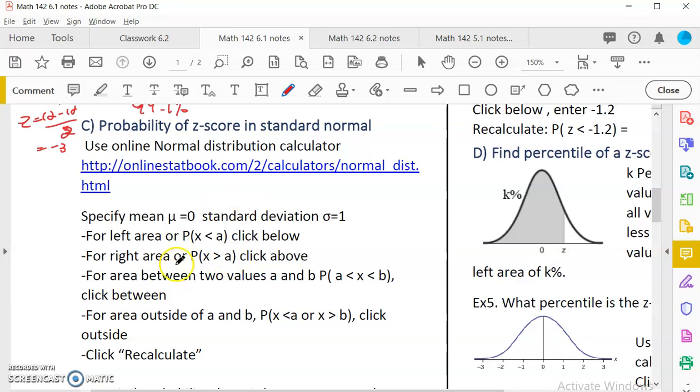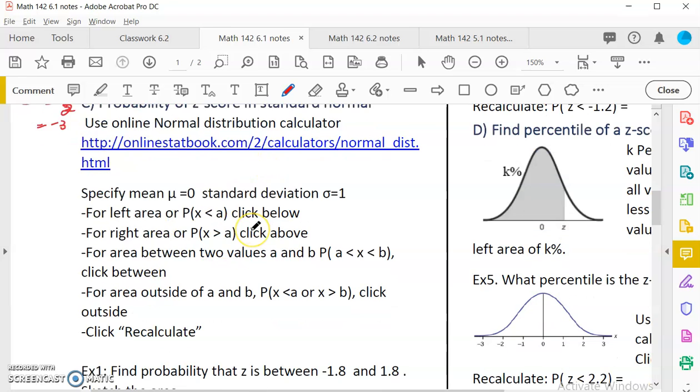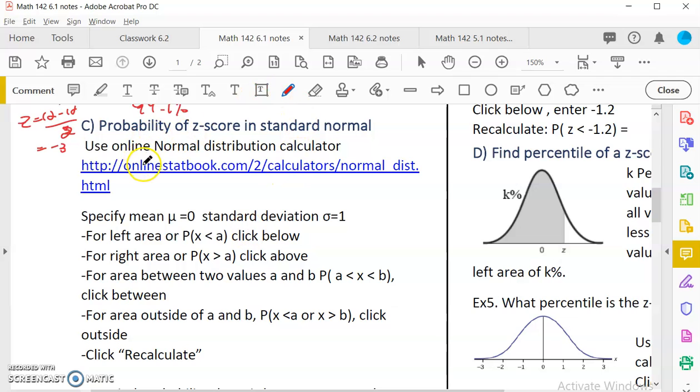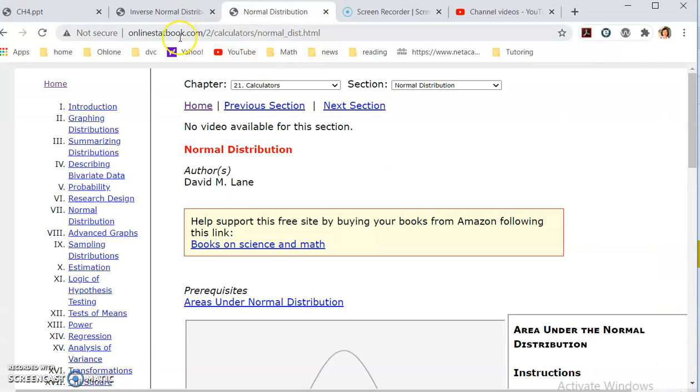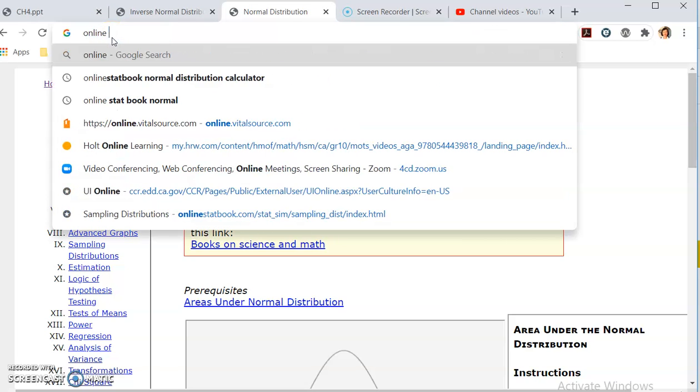Okay, so the way to do this is to use the online StatBook normal calculator. I have it open here. The normal distribution. You get to it by googling online StatBook calculator normal distribution, normal calculator. So maybe I'll try that.